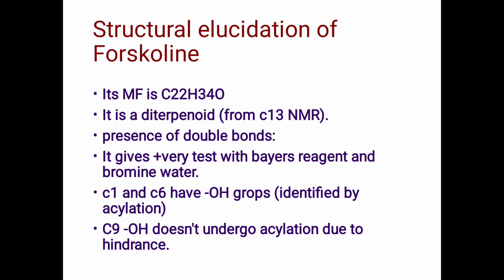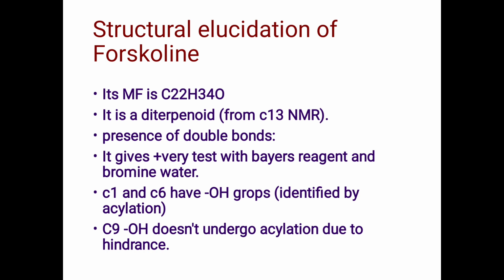Its molecular formula is C22H34O. From C13 NMR data, it is a diterpenoid, and the double bond present in forskolin is identified by reaction with Baeyer's reagent and bromine water.